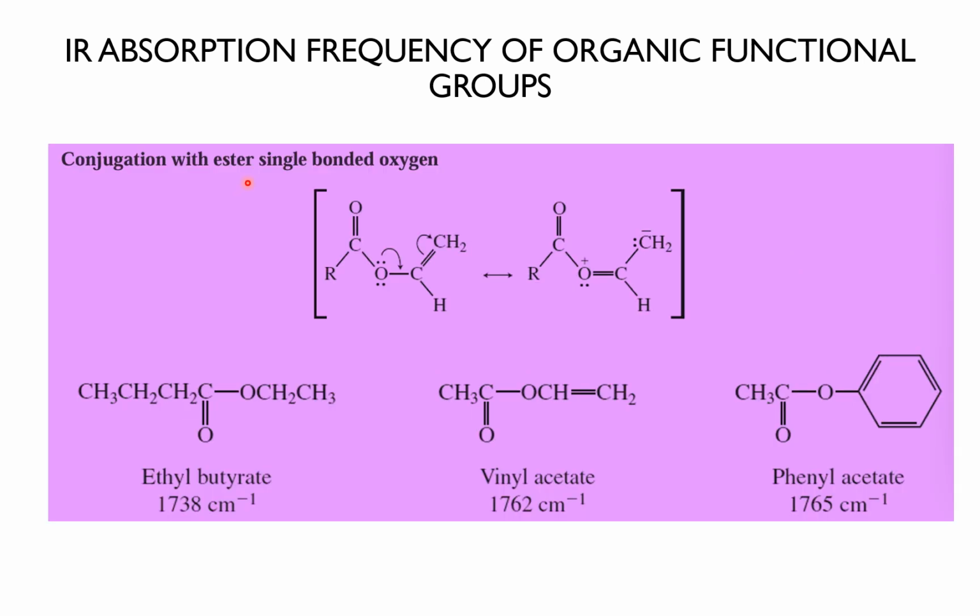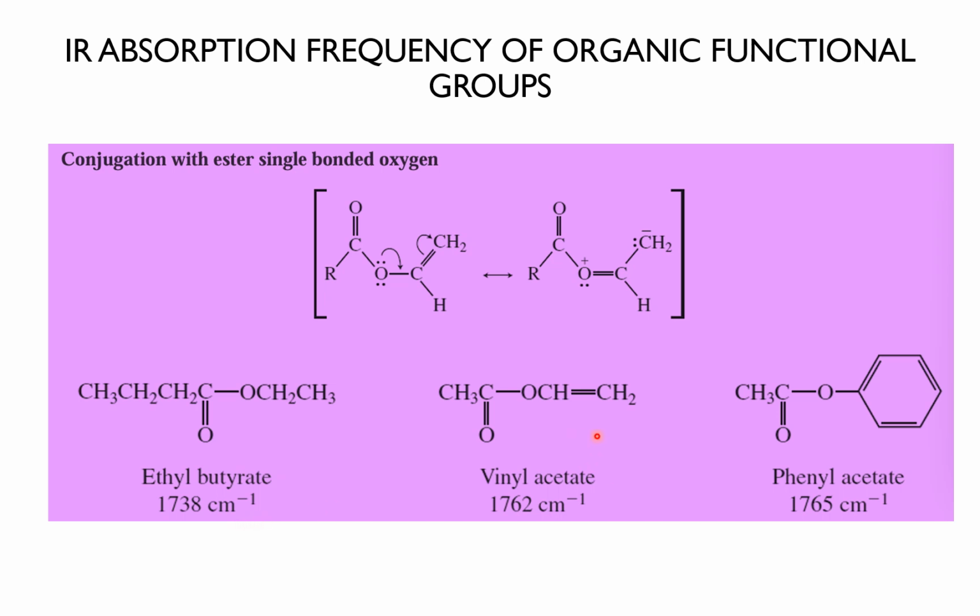In case of ester, we can have conjugation with the single bonded oxygen atom also, because oxygen contains a lone pair of electrons. So when we move this electron pair, there is charge separation. We have positive charge on oxygen and CH2 minus. So in that case, the value is going to shift. As I said, for ethyl butyrate, it is 1738 centimeter inverse.